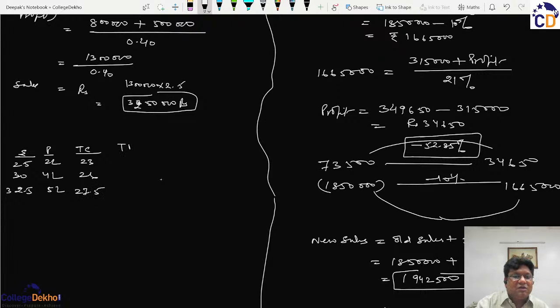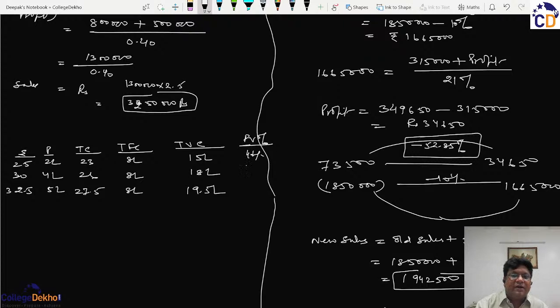It means the total fixed cost is presumed to be the same in all the quarters. So whatever sales increase has also resulted in an increase in the variable cost, which in this case was 15 lakhs, in this case 18 lakhs, and in this case 19.5 lakhs, with the PV ratio remaining constant at 40% because the variable cost ratio has remained constant at 60%.